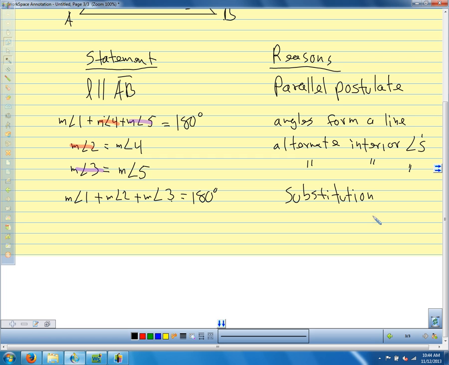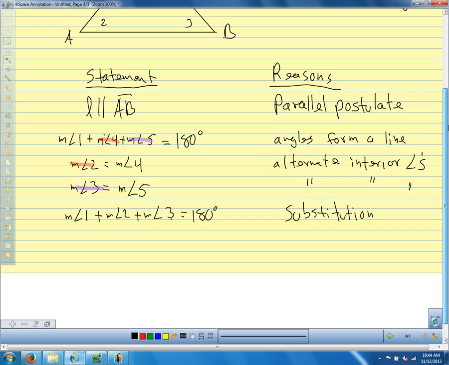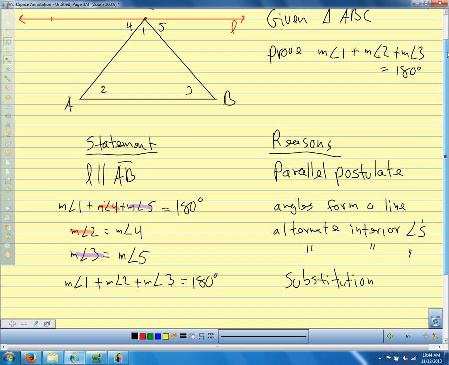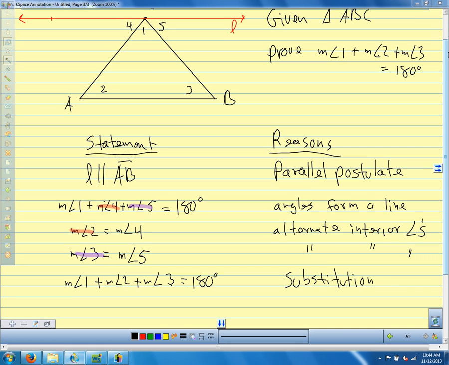And we've proved now, starting from the parallel postulate, that the angles in a triangle have to add up to 180 degrees. And that's all there is to it. So now we know why all the angles in a triangle add up to 180 degrees. The reason is because the parallel postulate is true on a plane, or we accept that it's true.